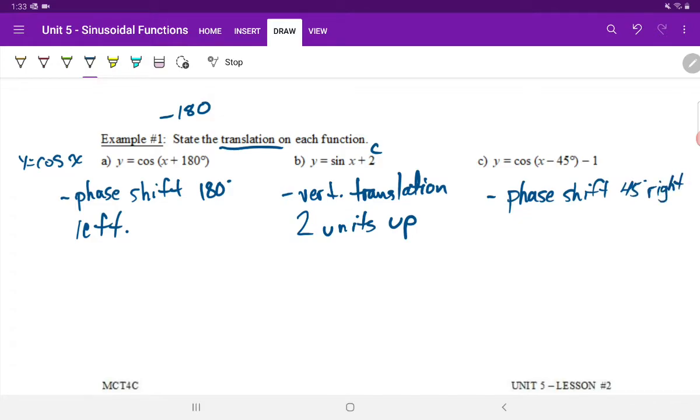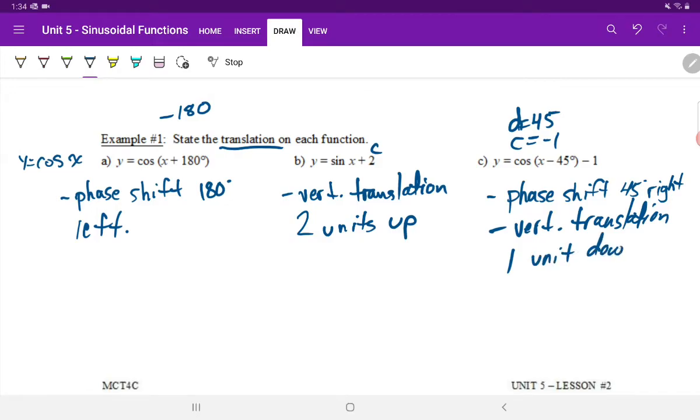So we know that d must be positive 45, and c is negative 1. So vertical translation 1 unit down. Okay, so straightforward.